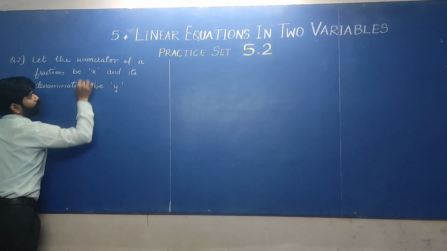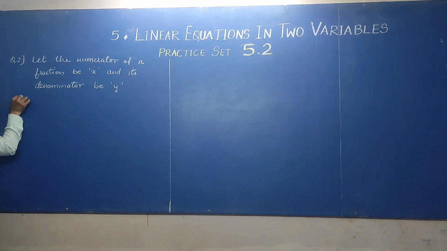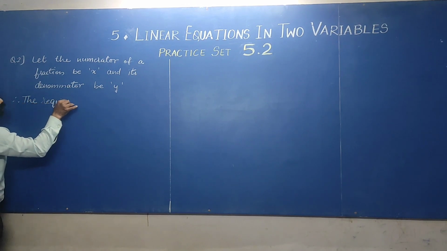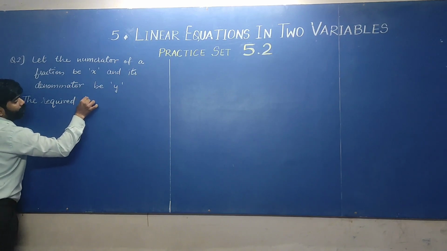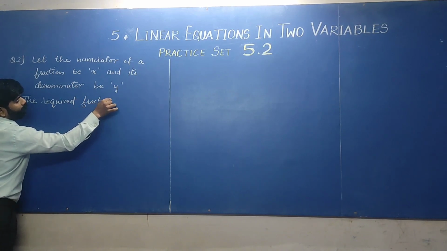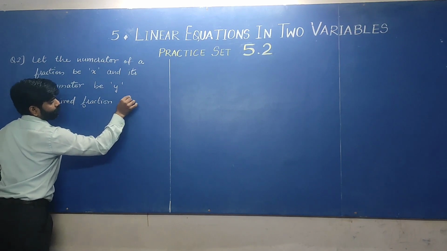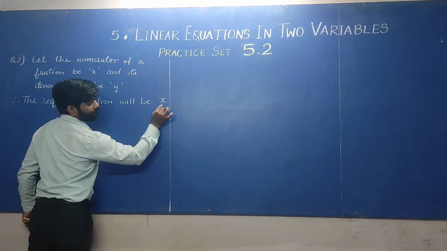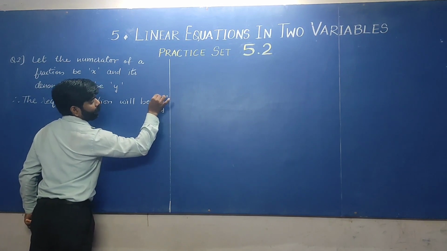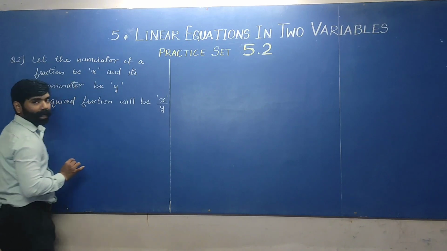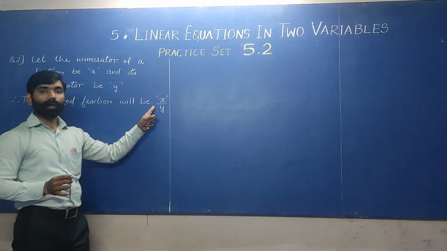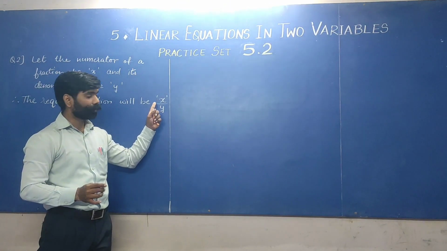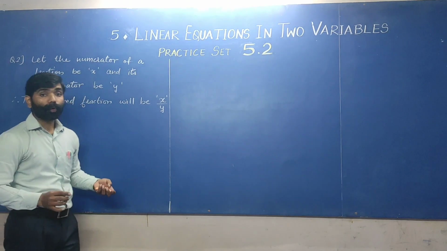Okay students, so therefore the required fraction will be x upon y: the numerator will be x and the denominator will be y. So this is our whole fraction. Students, this is the original value we are going to get, the value for x and the value for y. We are going to solve it.